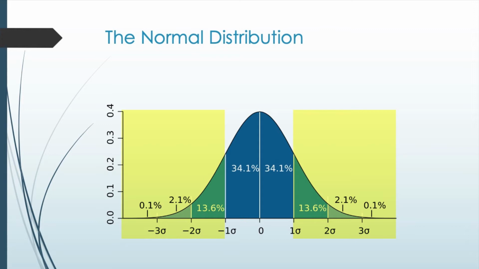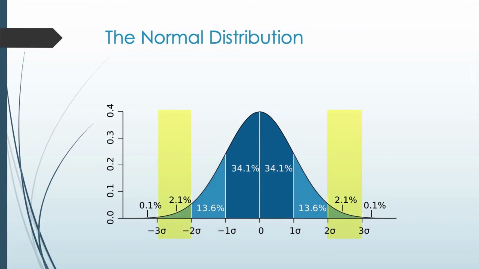And that's why the percentage of observations in each subsequent standard deviation gets smaller. And this is because, as we have already noted, most of the observations are already accounted for within the close proximity to the mean. So about 13.6% of observations occur within 2 standard deviations above and below the mean, respectively.